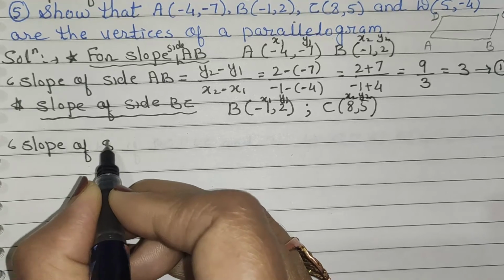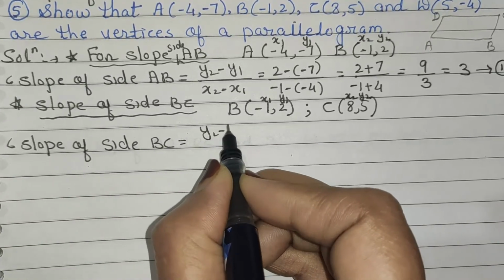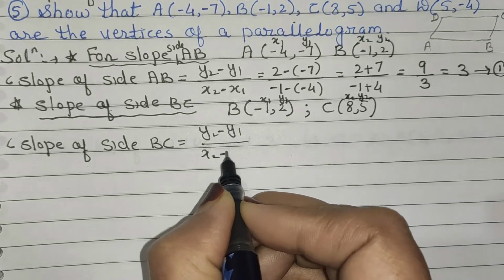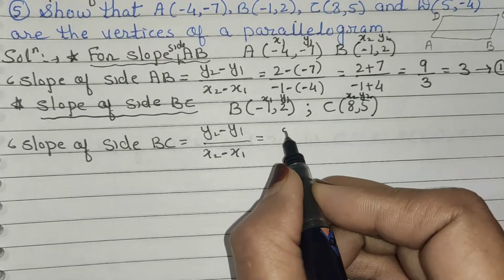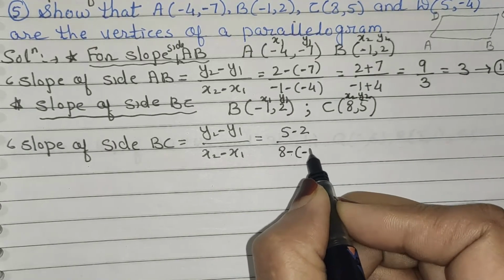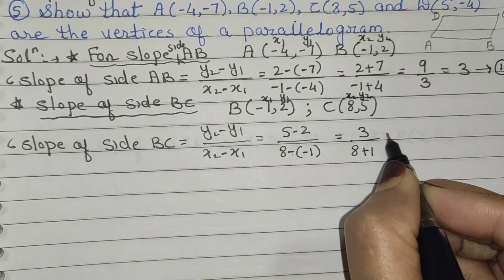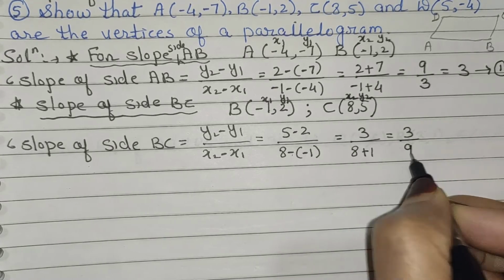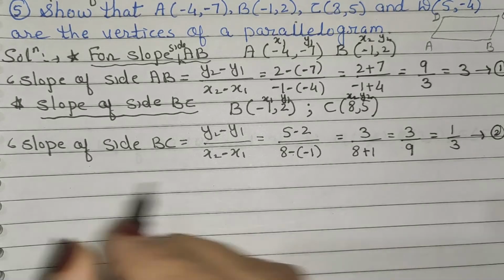Slope of side BC is equal to, write down, y2 minus y1 upon x2 minus x1. Substituting the values, we get here 5 minus 2 upon 8 minus of minus 1. Solving, 5 minus 2, 3 upon 8 plus 1. 3 upon 9. Cancel it, we get 1 upon 3. Give it equation number 2.